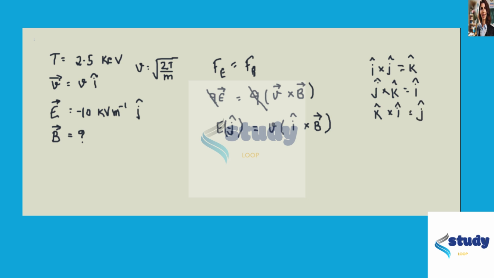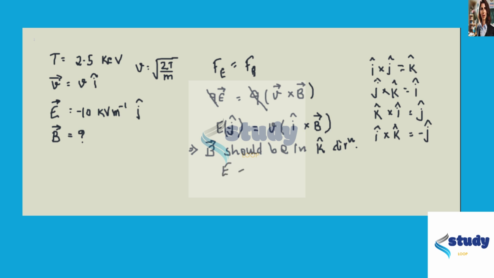So if I want minus j here, then i cross k will give me minus j, right? So B should be, this implies B vector should be in k direction, right?